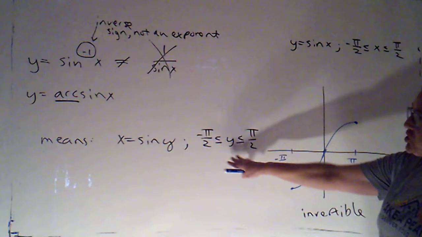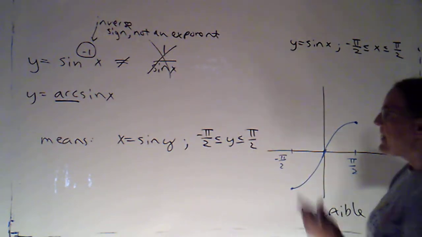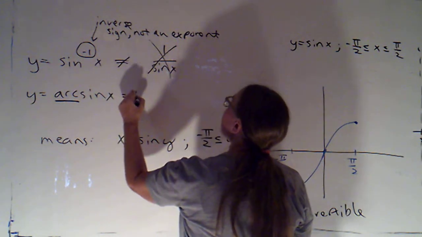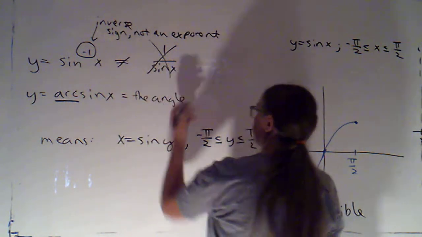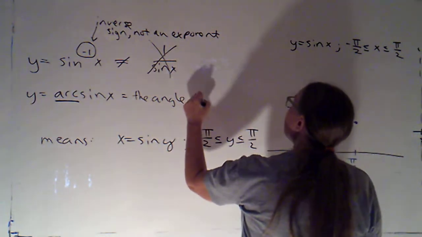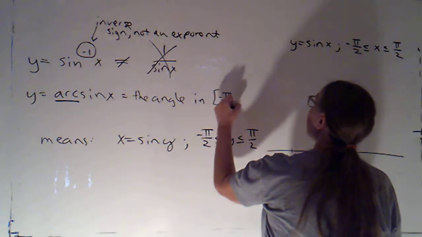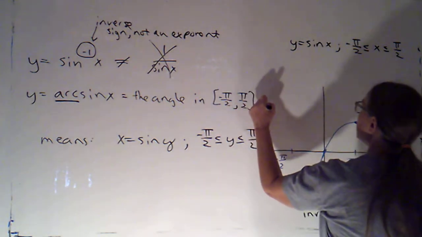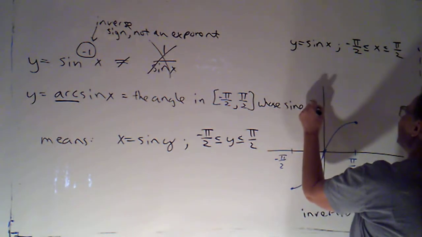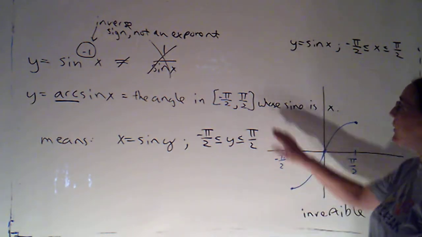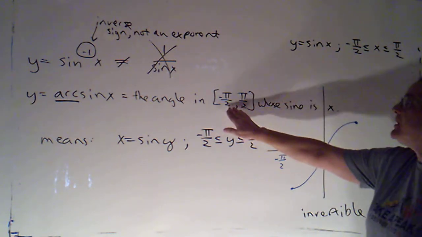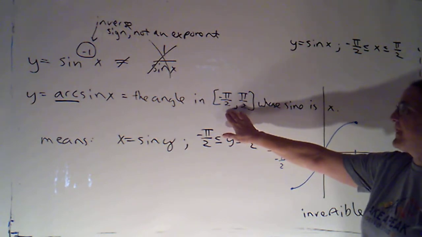And if I put those two pieces together, that's going to tell me that y equals arcsin of x is the angle. So y is the angle. It's the thing I'm plugging into sine in the interval from negative pi over 2 to positive pi over 2, whose sine, whose trig ratio is x. And while there isn't going to be a unique angle whose sine is any given number, there will be a unique angle in this interval with that sine.